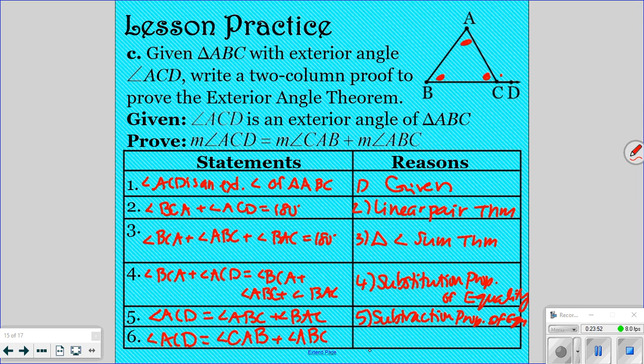And so the reasoning there would just be the symmetric property of equality, because we had to rewrite it just a little bit. So that's how you can prove your exterior angle theorem. You may have needed more steps than 6. That's fine. You don't have to have the exact same number of steps. But hopefully you had something close to that.